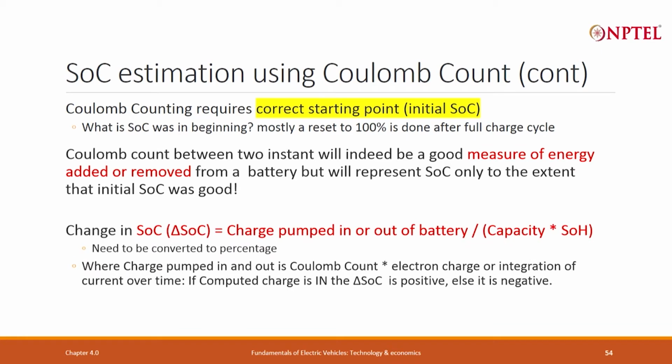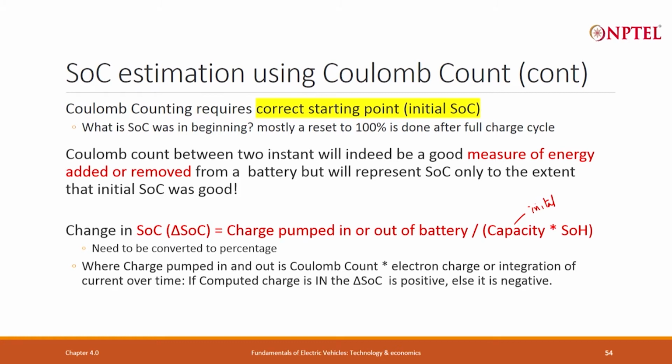So, delta SoC, the change in SoC, is the charge pumped in and out of the battery, divided by the current capacity of the battery. Now, the current capacity of the battery is the initial capacity into SoH. Suppose you have taken a 1 kilowatt hour or 10 kilowatt hour battery, and if it is a new battery, SoH is 1.